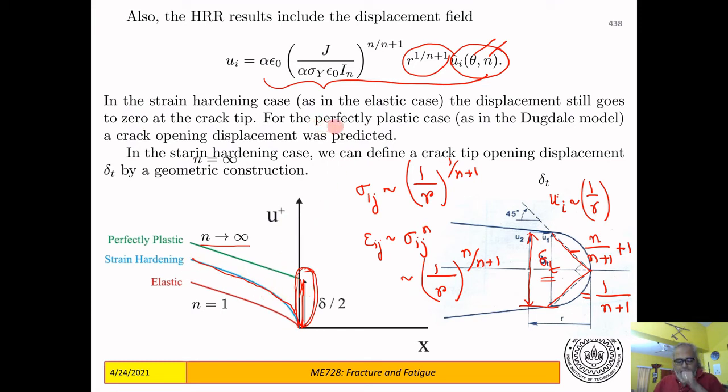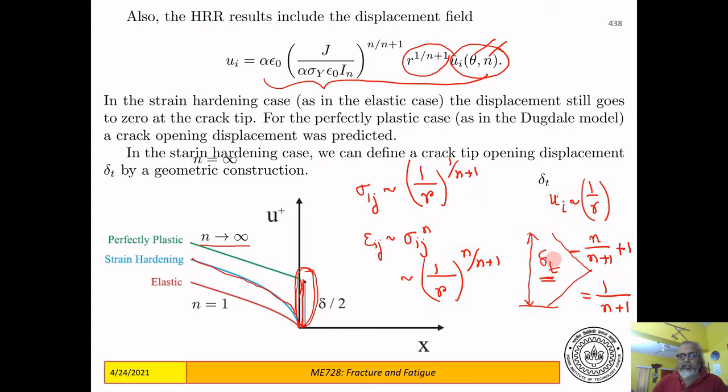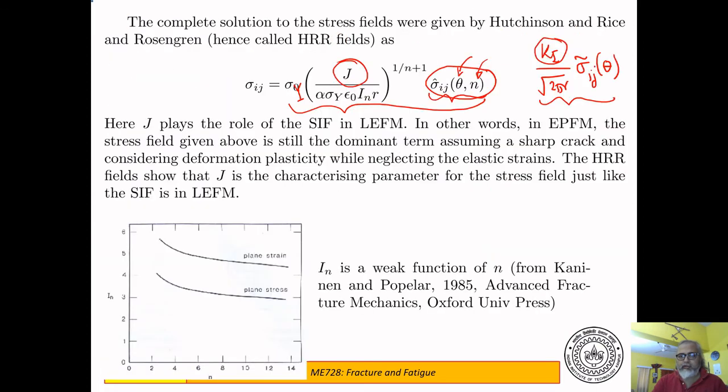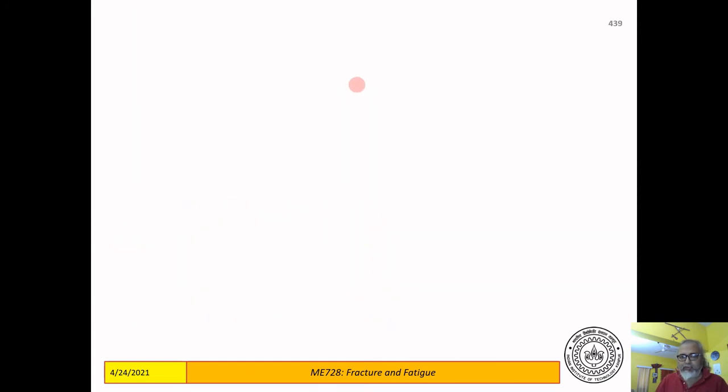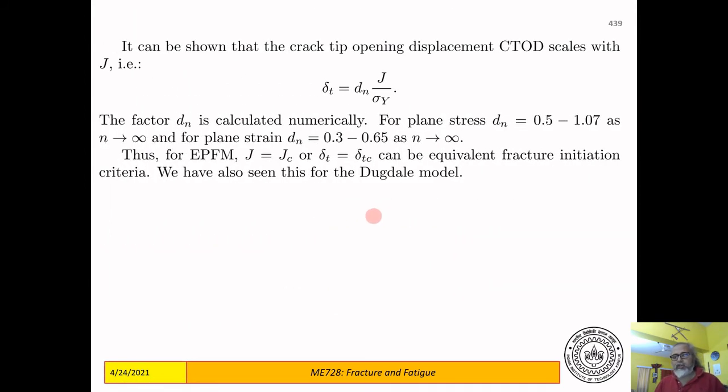It can be shown that this delta t is related to the J, which characterizes the crack tip fields in a very straightforward manner, and this can be shown through computations as well as through some theory.